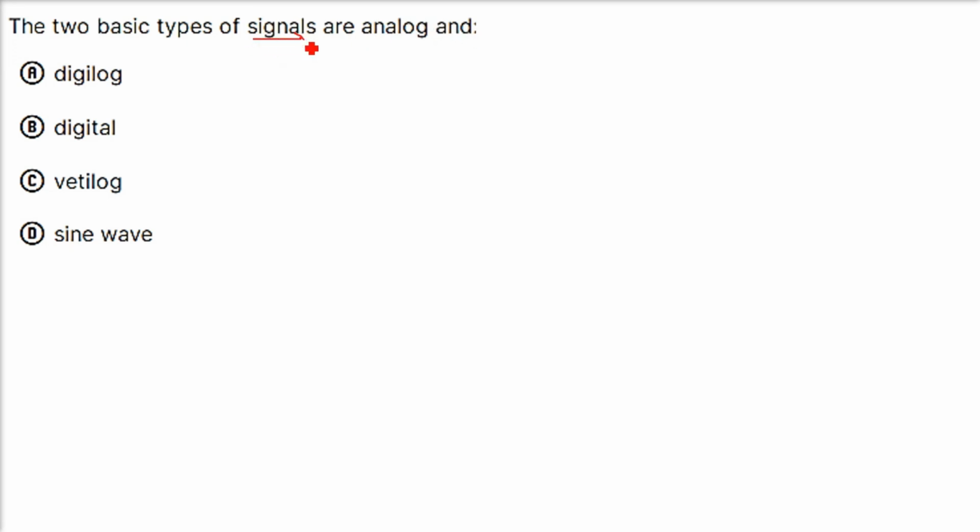But before we take these two types, what are signals? Anything which makes use of the physical phenomena or the physical medium in order to convey the message or send the information.